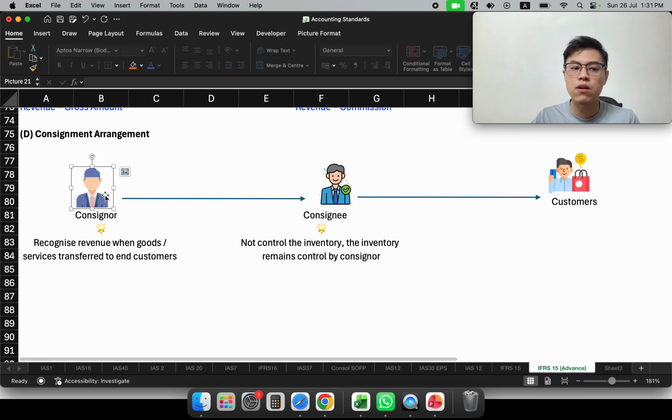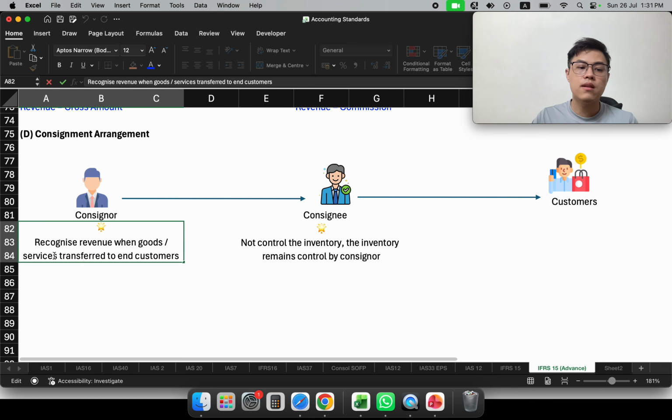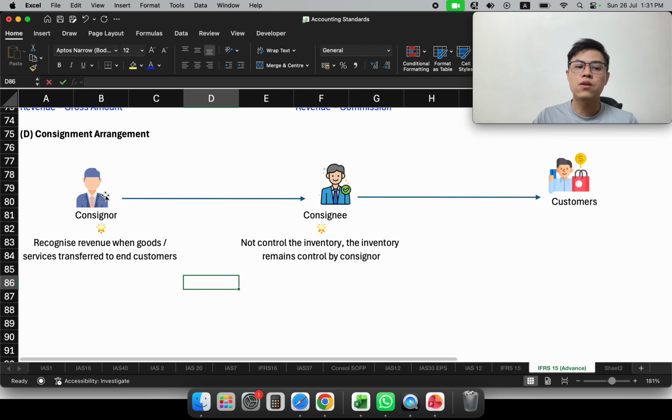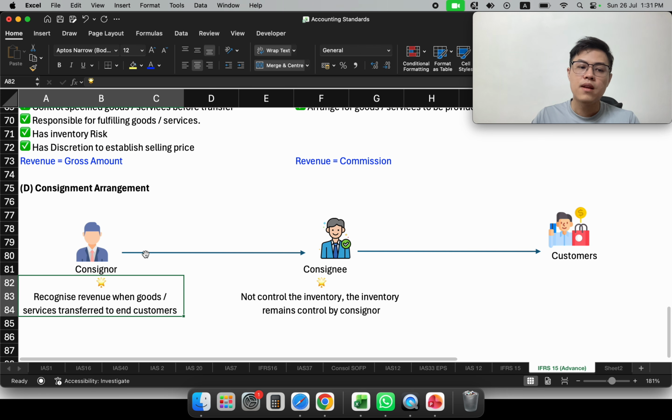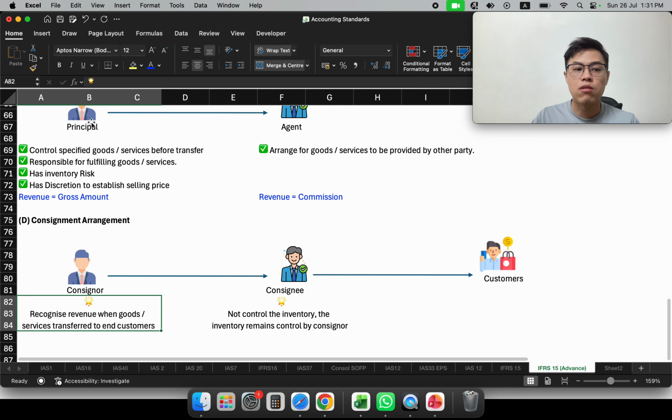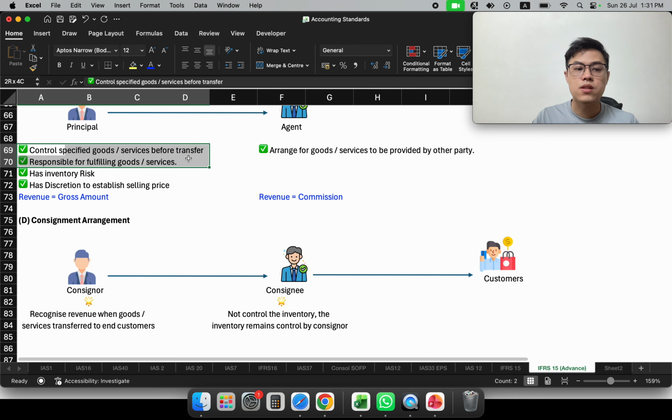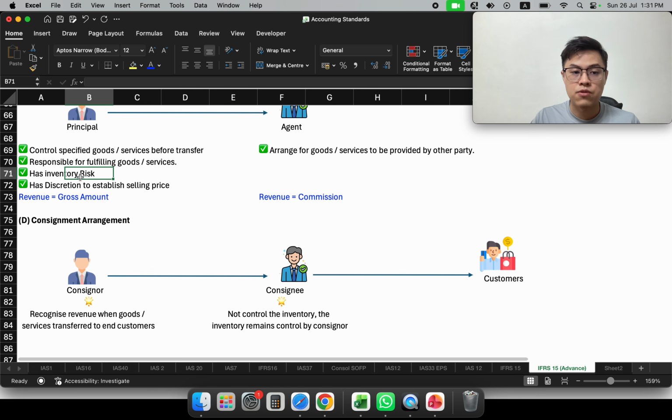And when can the consignor recognize revenue? Only when the goods transfer from the consignee to the customer. So when transferred to the end customer, then the consignor can recognize the revenue. And same, the consignor is the ultimate seller. They have the control of the goods. They are responsible for the inventory risk.